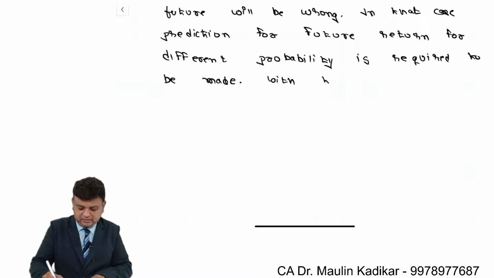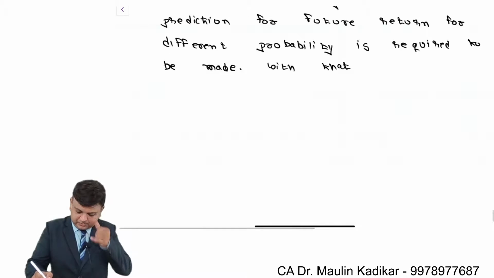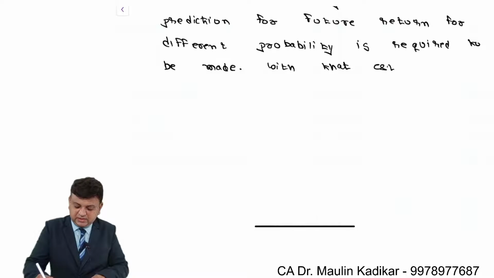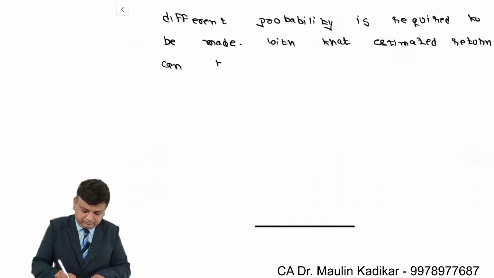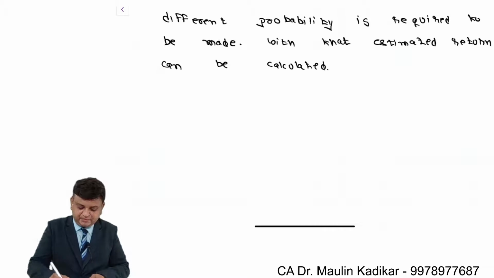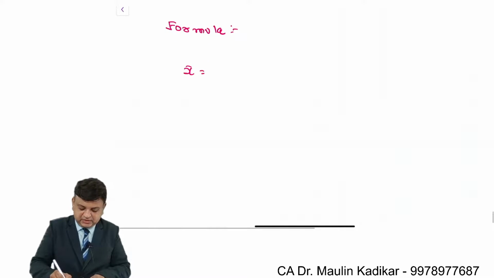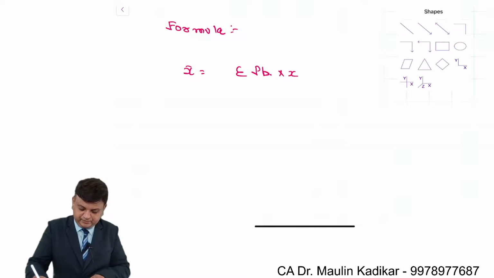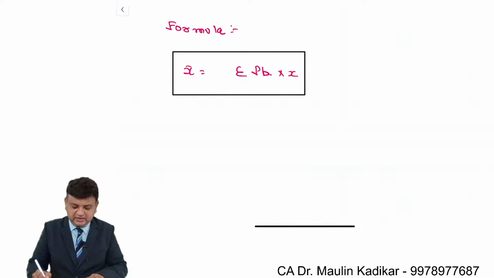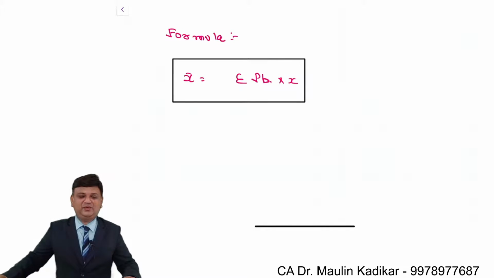With that, estimated return can be calculated. Full stop. Return formula: x bar is equal to probability into x and its summation. That is the way we can have the expected rate of return to be found.